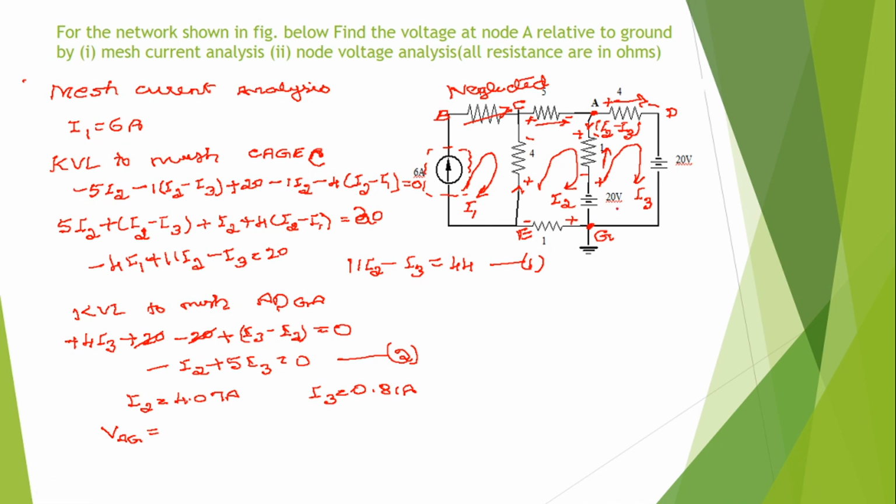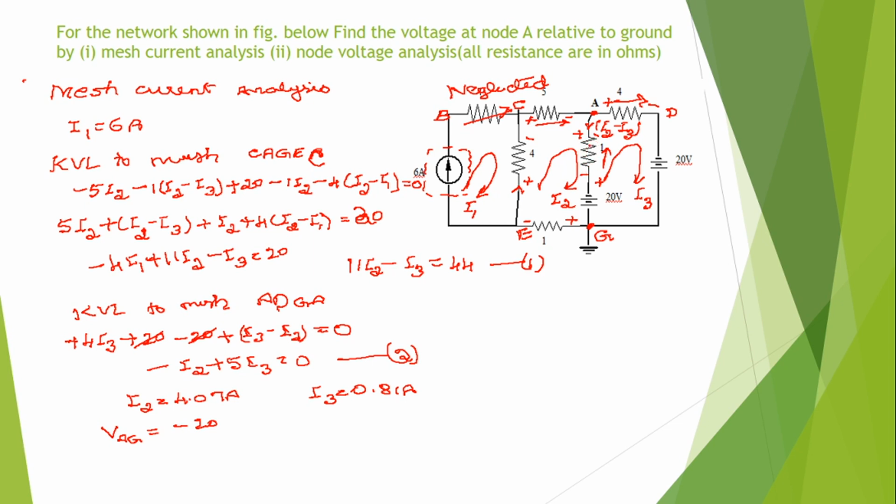So trace a path from G to A. While tracing a path from G to A, what is this? Voltage source with a falling condition, higher potential to lower potential. So voltage falls in the direction, so it is minus 20. Then what about the voltage drop at this?